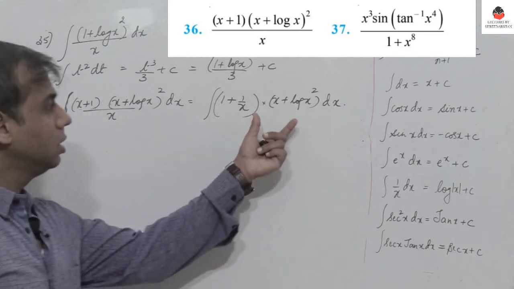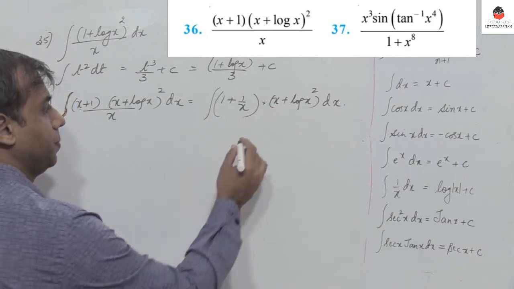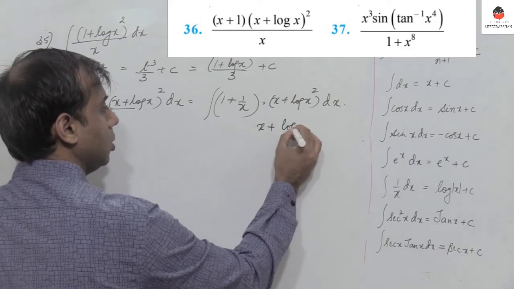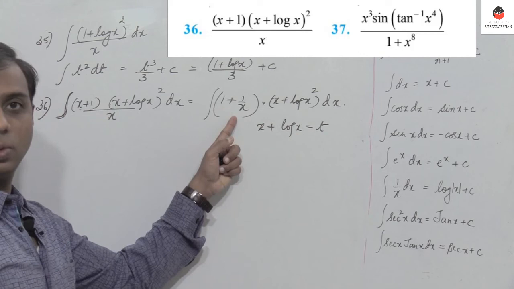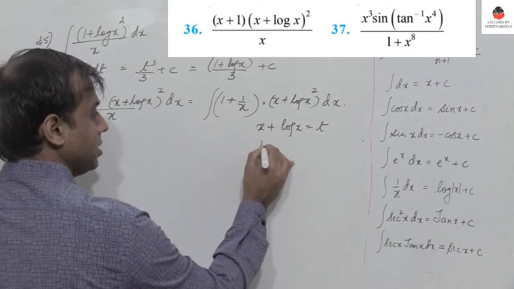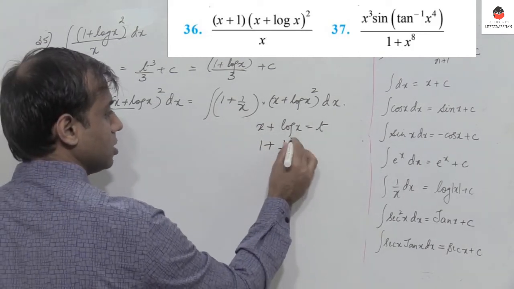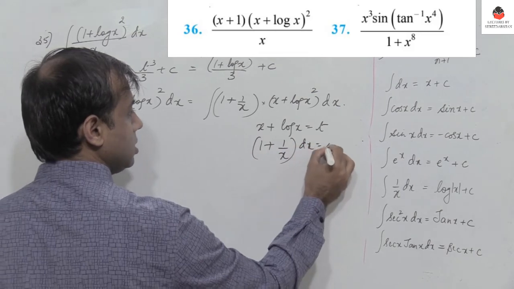Alright, so now if I substitute x plus log x equals t, if I differentiate this, I get 1 plus 1 by x. So the differential of x is 1 plus the differential of log x is 1 by x, dx equals dt.